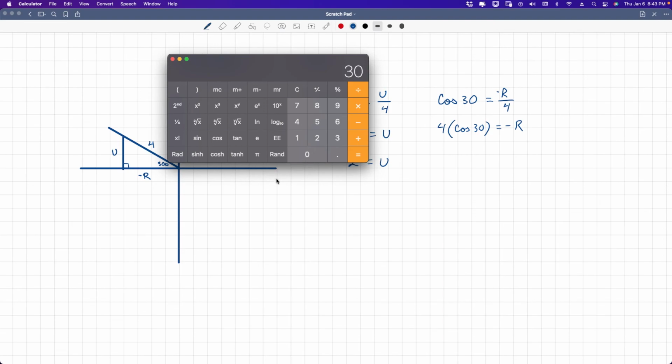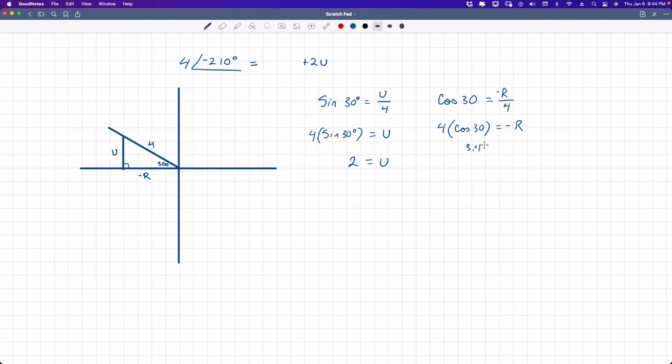Clear 30 cosine, oh goodness, times 4, 3.464. We'll stop at 6 because this is a smaller number. So 3.464. 3.46 is negative r. We don't like to have this negative, so we transfer the negative over here by multiplying everything times the negative 1. So negative 3.46 equals r. So negative 3.46 r plus 2u. And that is how we would get there.